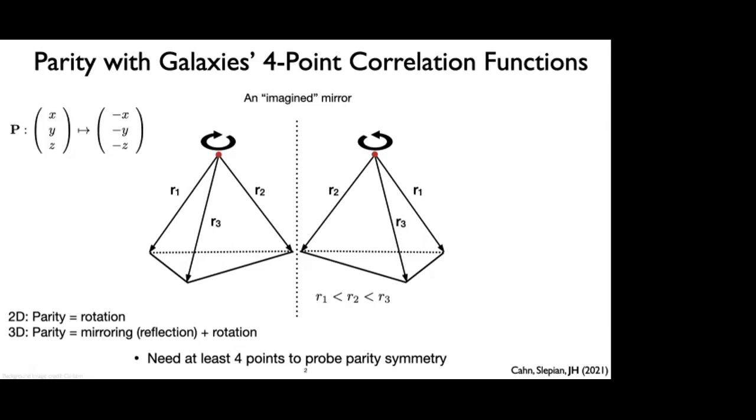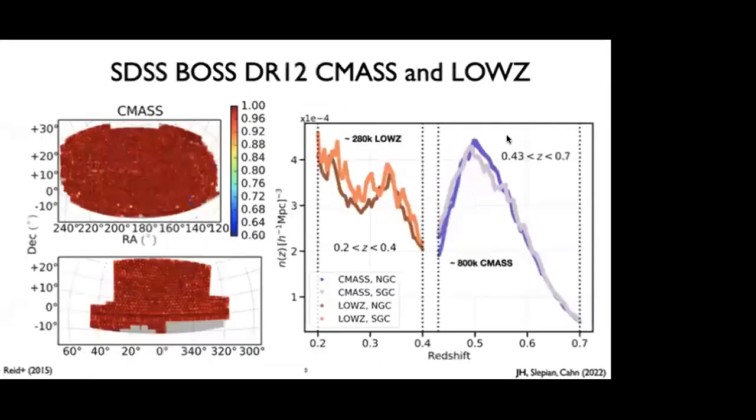First, in 2D, the parity transformation equals rotation, while in 3D, the parity transformation is a mirroring operation plus a rotation. Second, if we consider scalar fields, we need at least 4 points to be sensitive to the parity transformation. So we performed this 4-point function analysis on the 2 subsamples of the BOSS data.